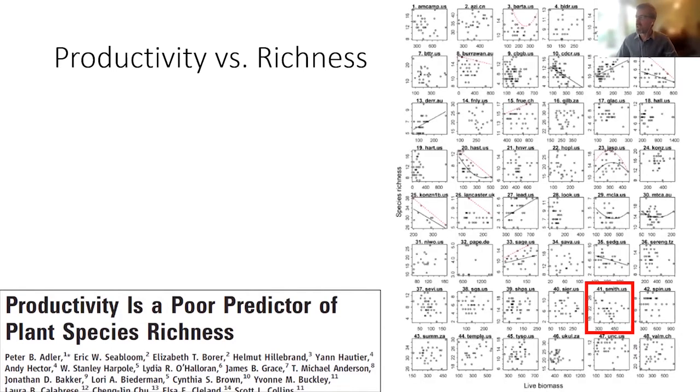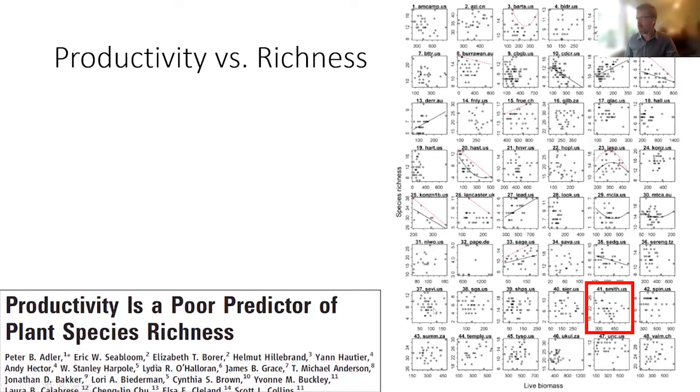What gets more interesting, and this is a pretty busy graph, and I'm not intending you to be able to read all of this in any way. Each of these little boxes here is one of the sites that was included in that analysis. And so what we're looking at here is that relationship of productivity and richness for individual sites. There are some of these sites that have lines in them. That means that there is some sort of statistical relationship.